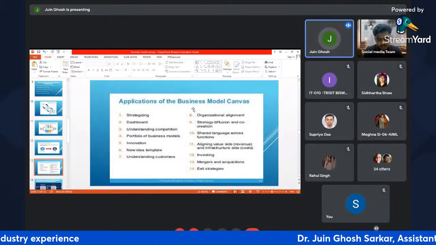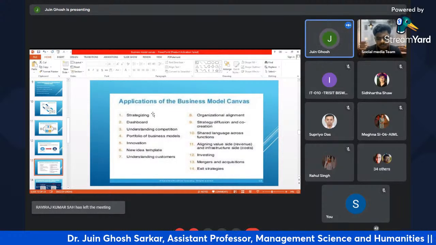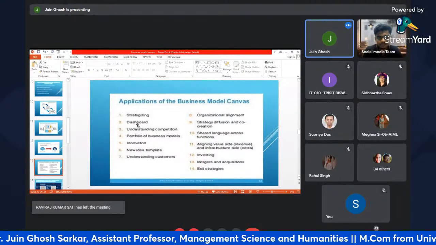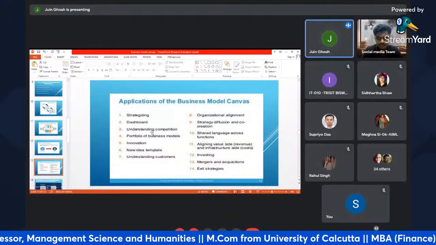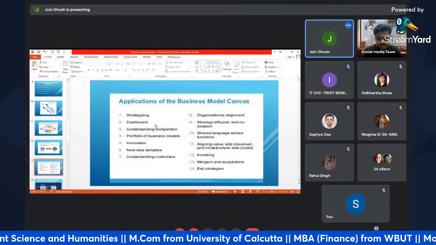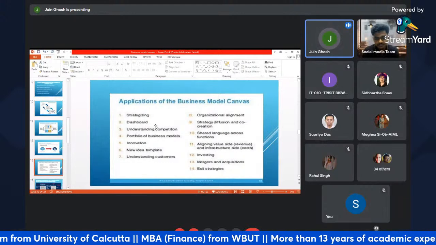So these are the applications of the business model canvas. First of all is strategy, that is, at the time of strategy making, strategizing. Then the dashboard, that is, you are getting an overall pictorial representation of each and everything involved in the business model.